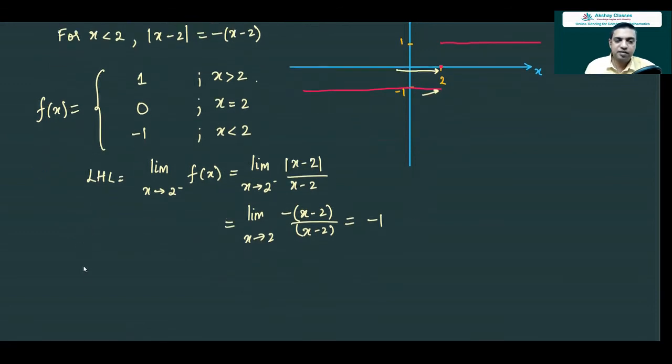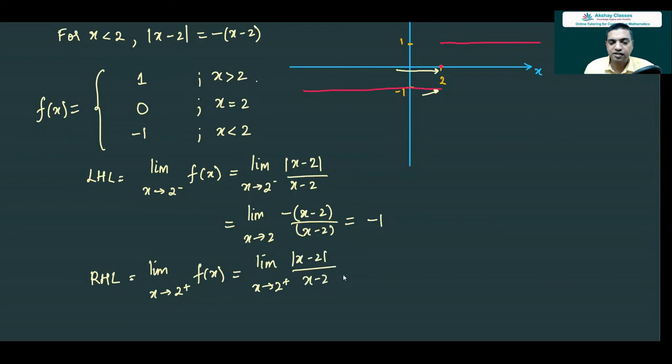Similarly, now the right hand limit, limit x tends to 2 plus f of x is equal to limit x tends to 2 plus modulus of x minus 2 upon x minus 2. This becomes positive. X minus 2 is positive because x is approaching 2 from values greater than 2.